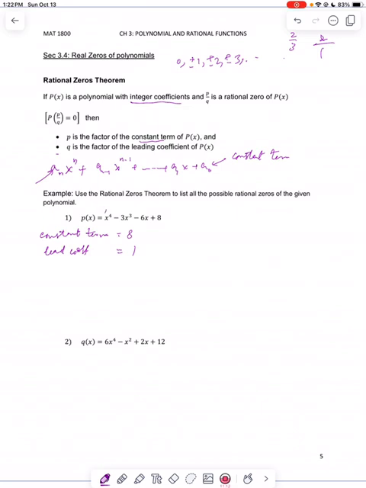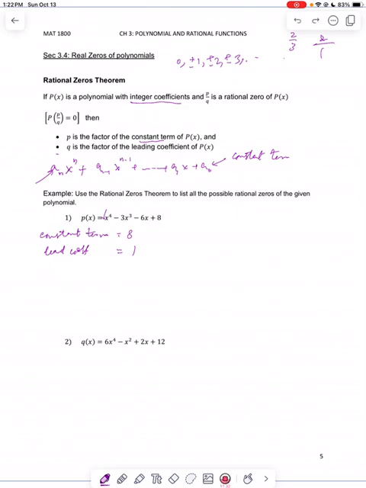Now what are the factors or the divisors of 8? So the p is all possible p values.